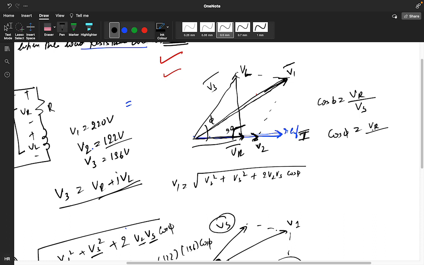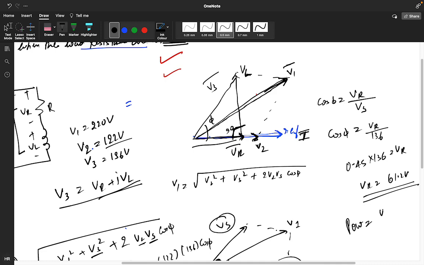We need to calculate the VR value, and V3 value we know is 136, and we know the cos phi value, 0.45. So VR equals 0.45 into 136, and we get the VR value, that is 61.2 volt.